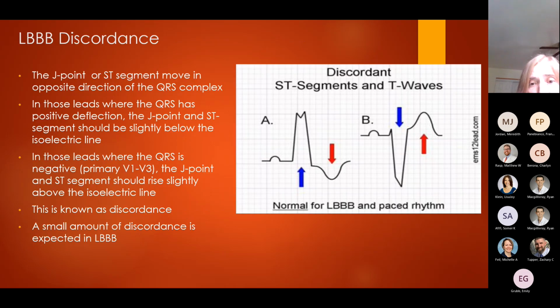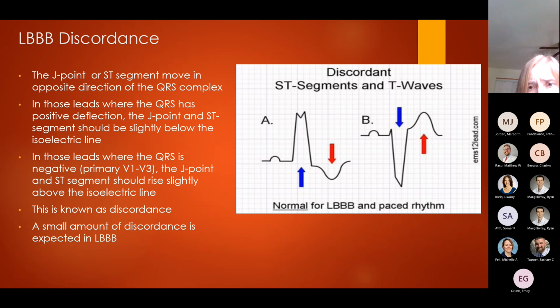So this is left bundle branch block, normal, and paced rhythm. You can see discordance here. So what's discordance? The J point or ST segment moves in the opposite direction of the QRS complex, in those leads, usually V1 to V3, where the QRS complex has a negative deflection.